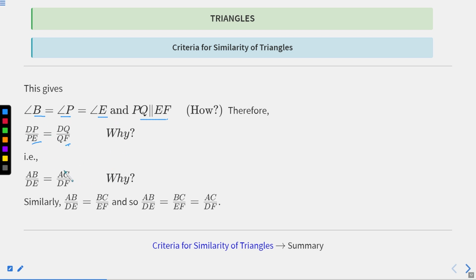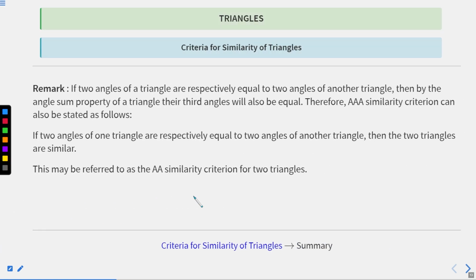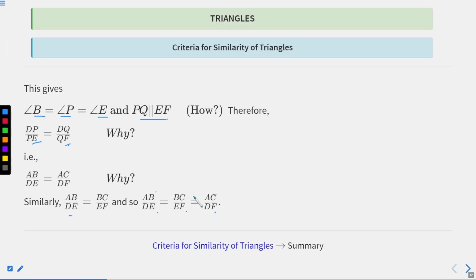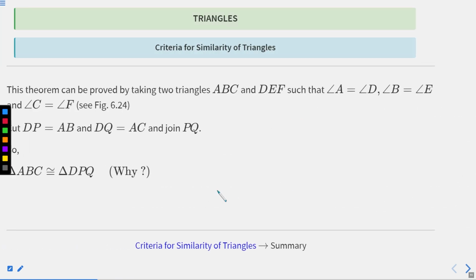And that is AB over DE is equal to AC over DF. And similarly AB over DE is equal to BC over EF, and so AB over DE is equal to BC over EF, which is equal to AC over DF.